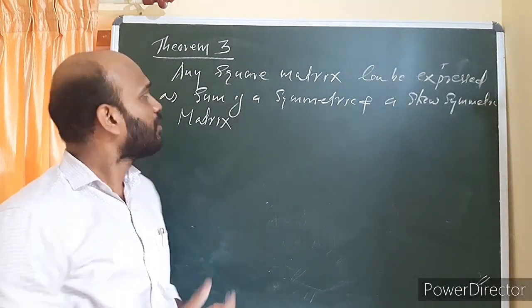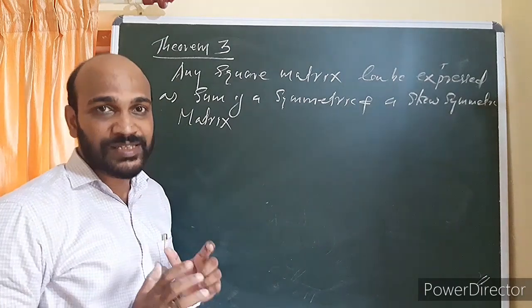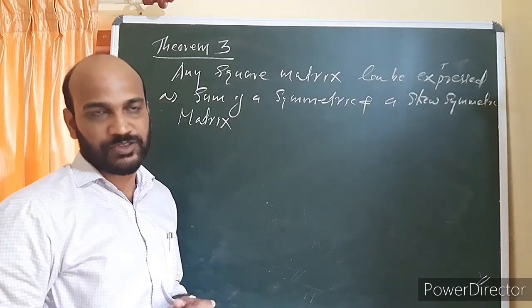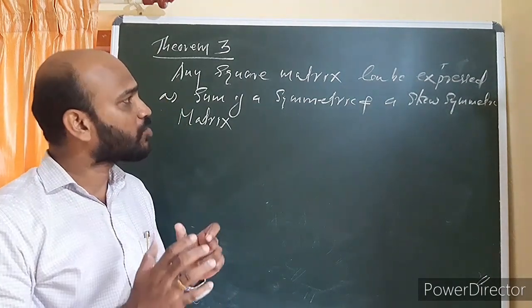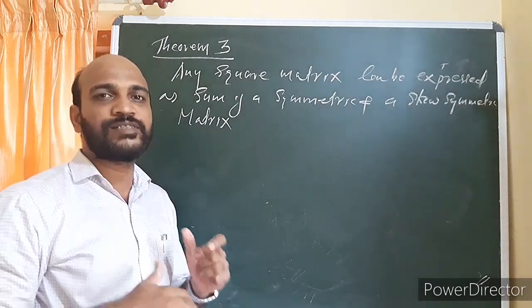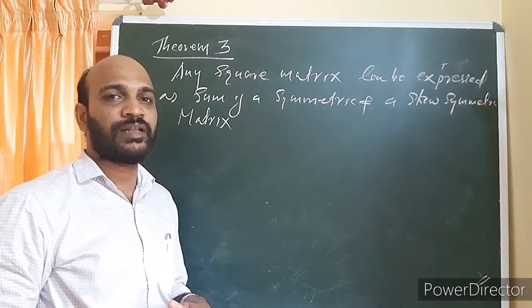It's one result, also a theorem. Using this result, we can expect a question also. Any square matrix can be expressed as sum of a symmetric and a skew symmetric matrix.